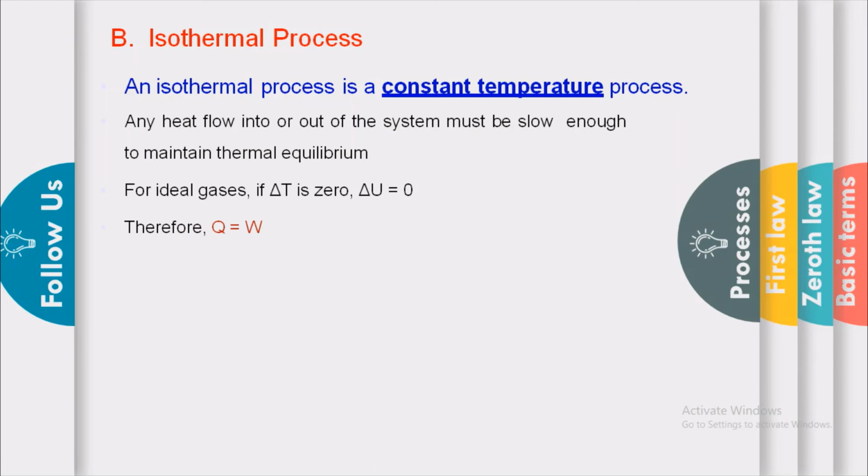Therefore, according to the first law, Q will be equal to W. Any energy entering the system, that is Q, must leave as work, that is W. So for isothermal process, Q is equal to W.